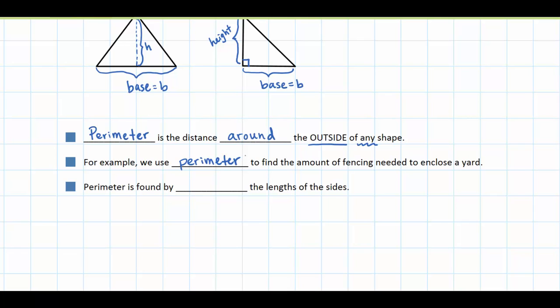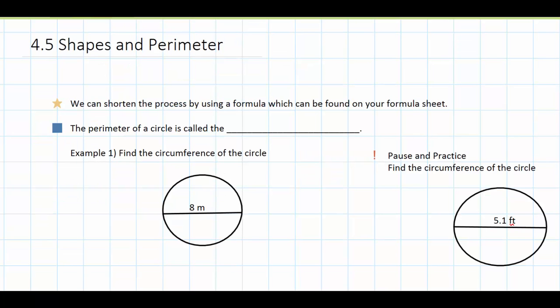Perimeter is found by adding the lengths of the sides. We can shorten the process by using a formula which can be found on your formula sheet. The perimeter of a circle is called the circumference.